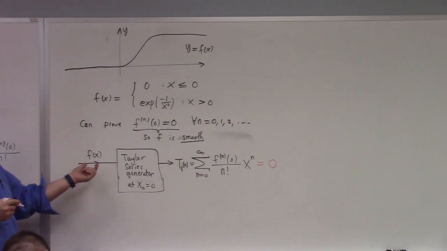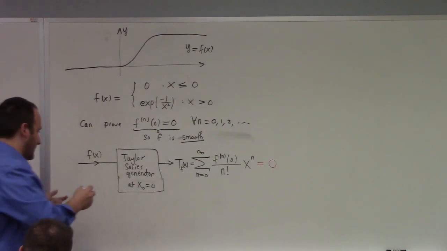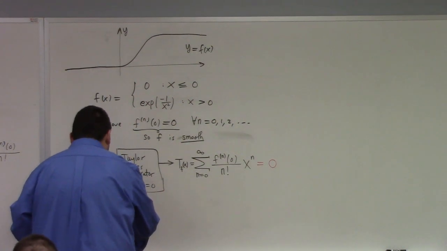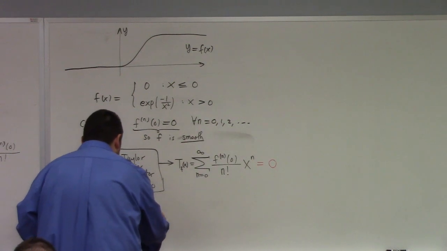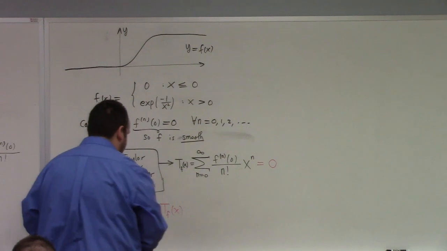Is this function 0? No, it is not 0, right? So in other words, for this rather annoying function, f of x is not equal to the Taylor series for f of x.